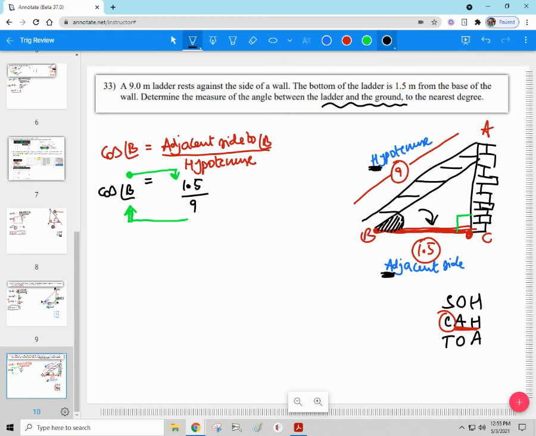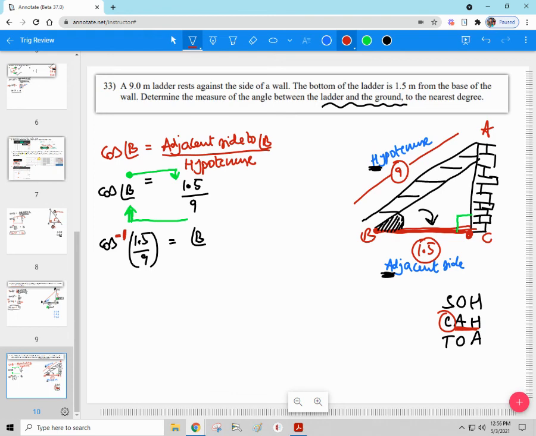So when you switch these, cos inverse of 1.5 over 9 equals angle B. Don't forget to keep the inverse sign on the trig ratio.